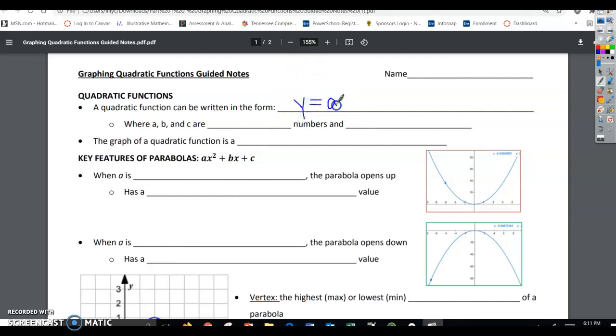y equals ax squared plus bx plus c. And since it's a function, we can also write it in function notation if you want to write it as f of x. That is the same thing as y. All right, where a, b, and c are real numbers.